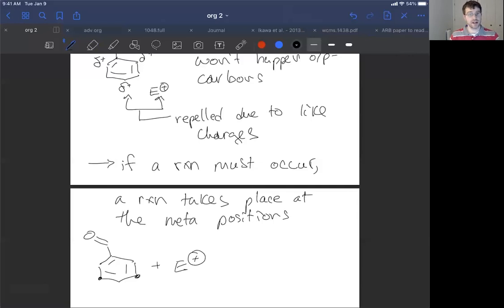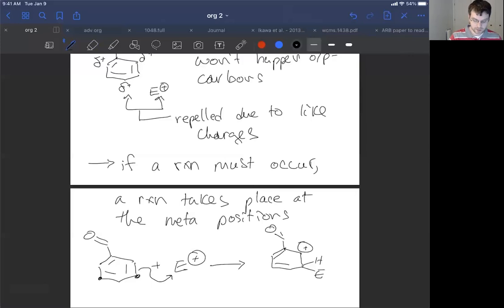The meta positions are not seemingly deactivated directly by this electron withdrawing group. But if a reaction were to occur at the meta position, we put our electrophile at that meta position, we draw the hydrogen that came along for the ride, and we put a positive charge at this position.